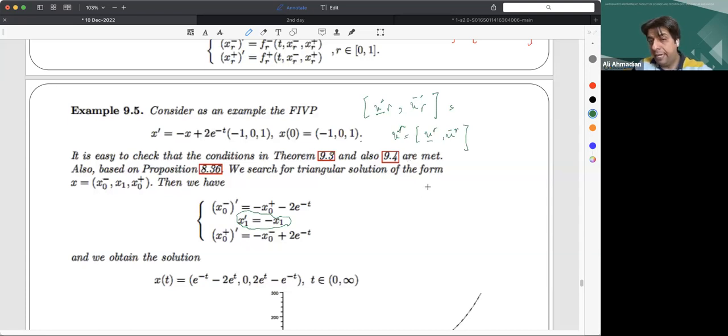Multiplying by minus here, what we have, minus x r is equal minus x upper r, minus x lower r, plus 2e minus t. For this one, you know that minus 1, 0, 1 is equal minus 1 plus r. I just wrote it 1 minus r.